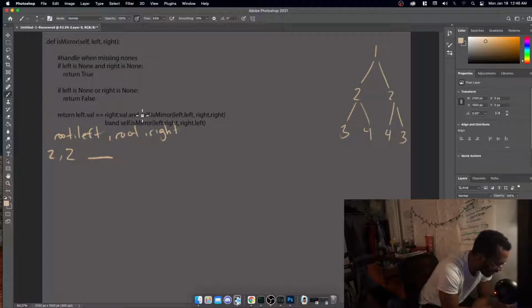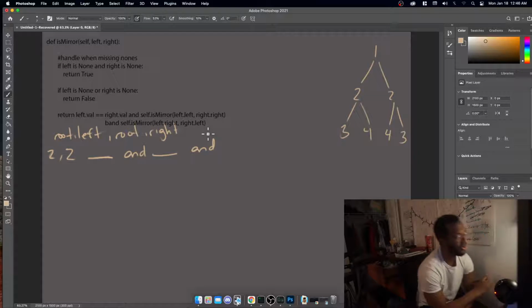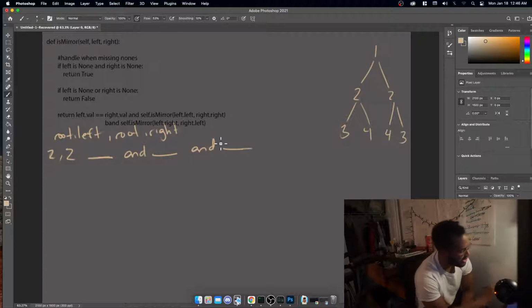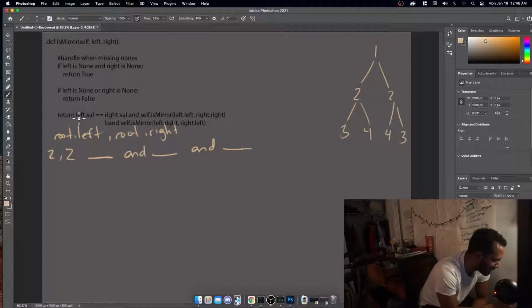Each line basically being one of the conditions, and we're going to write dashes where the statement would go for that expression. So the first expression says, hey, does left.val equal right.val? Both of these are 2, right? So that's true. That's the first case.